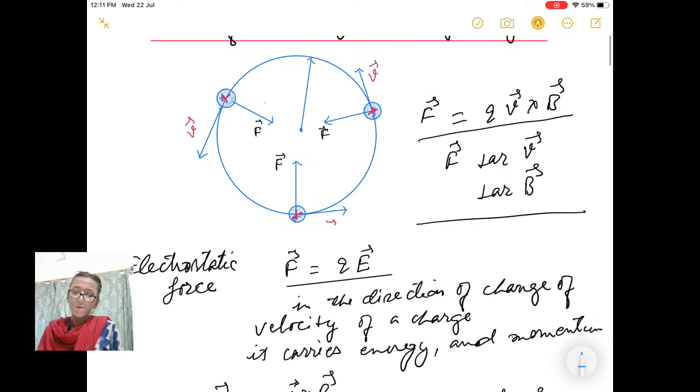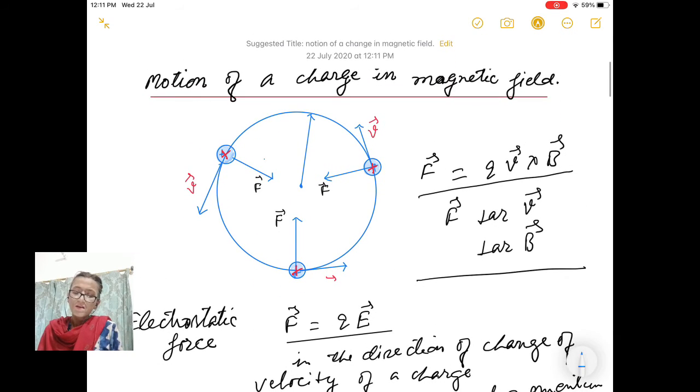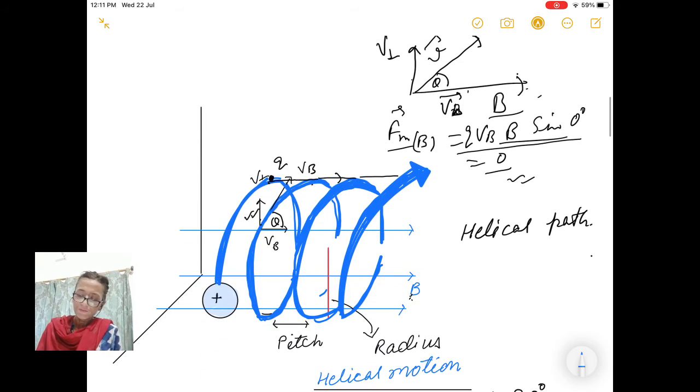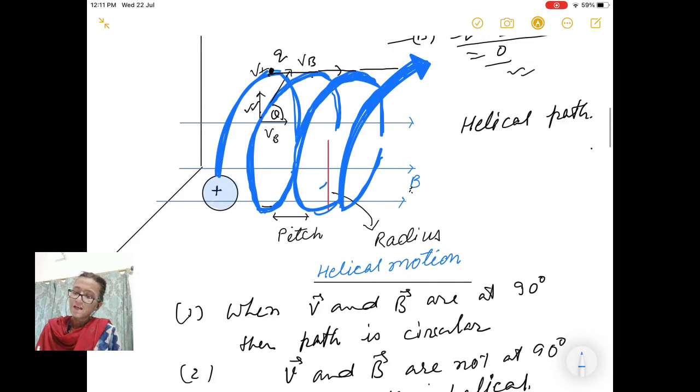So this is all about the shape of the path of a moving charge in a magnetic field. It is circular and it is helical too, due to a component of the velocity of the charge along the magnetic field.